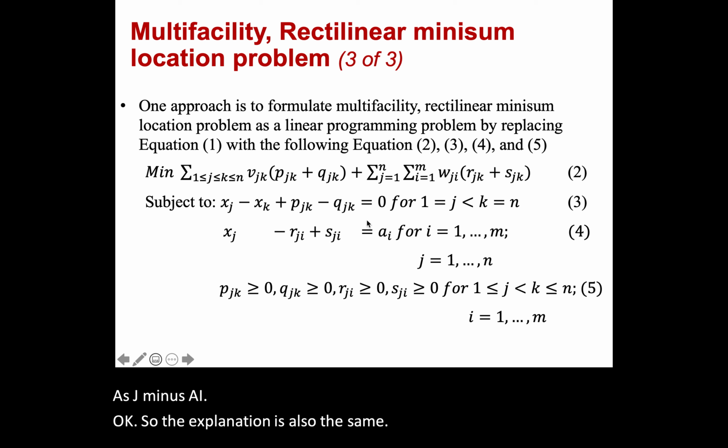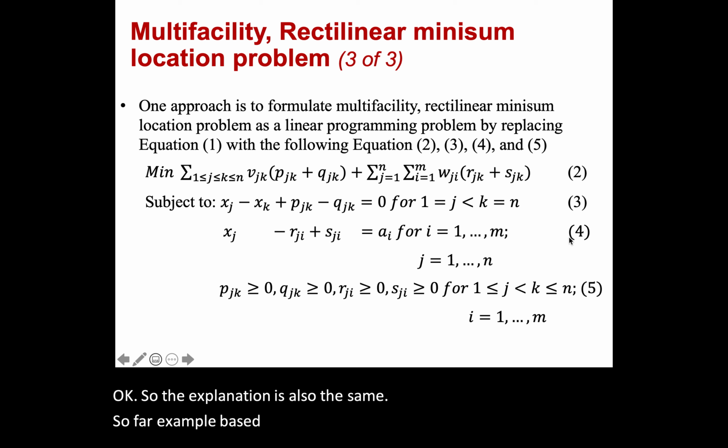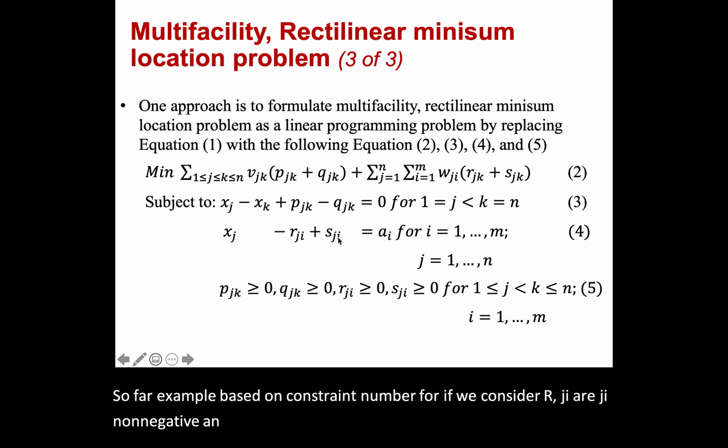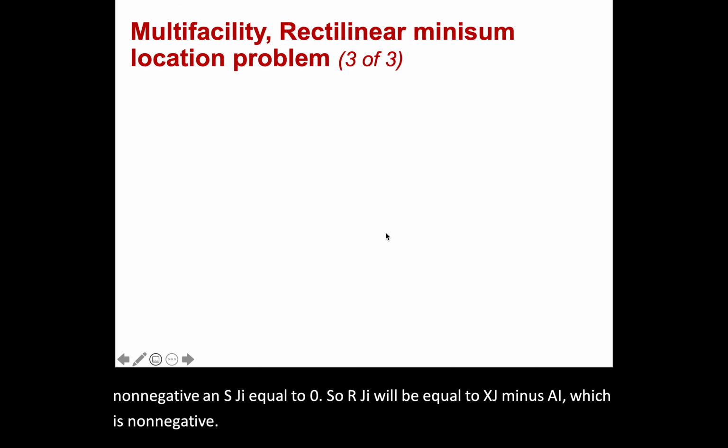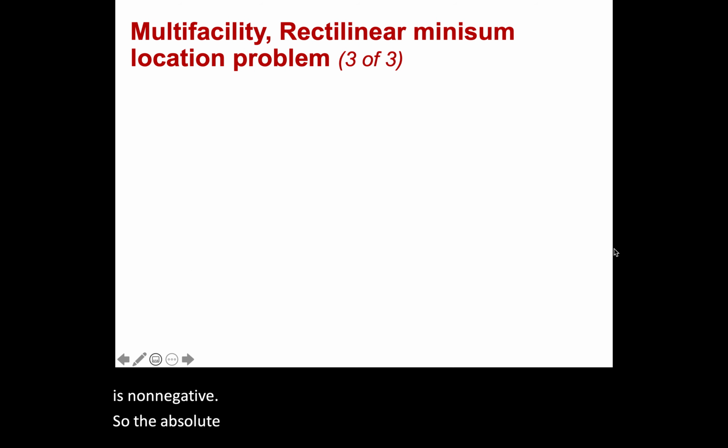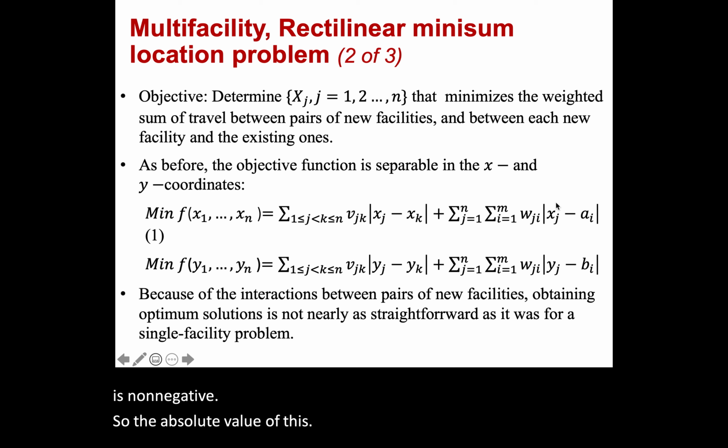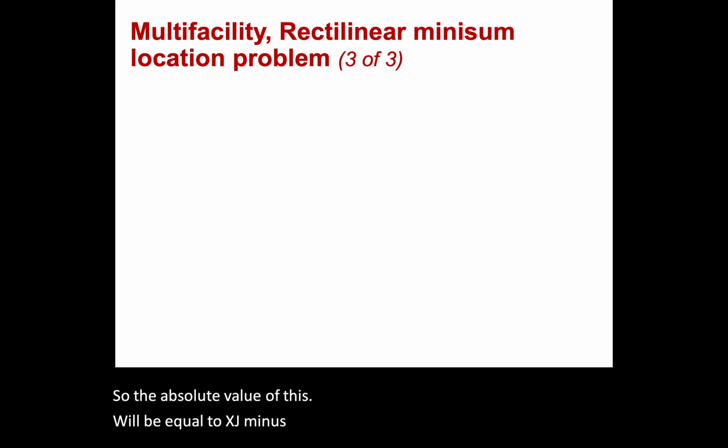So for example, based on constraint number 4, if we consider rji non-negative and sji equal to 0, then rji will be equal to xj minus ai, which is non-negative. So the absolute value of this will be equal to xj minus ai, right?